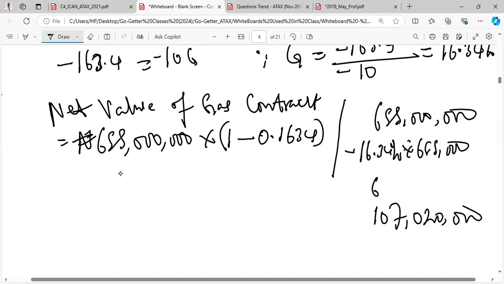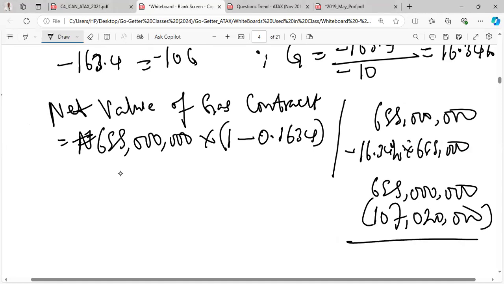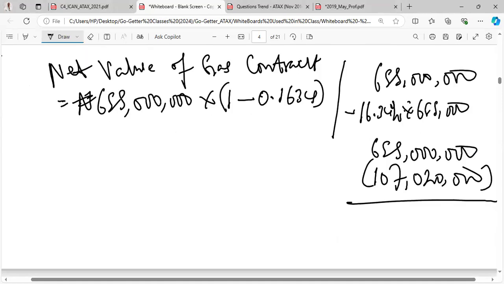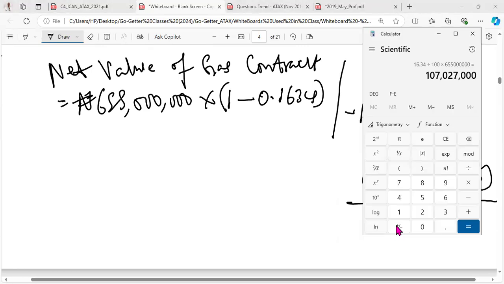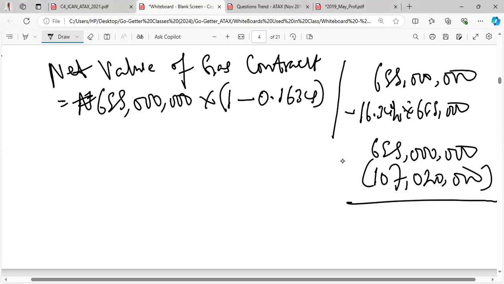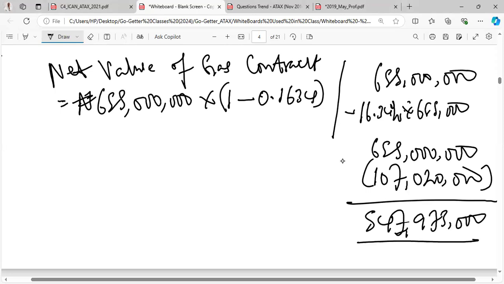It will be like 655 million minus this. Let me minus it straight from 655. So that would have given you 547,973. So this is your value of gas.